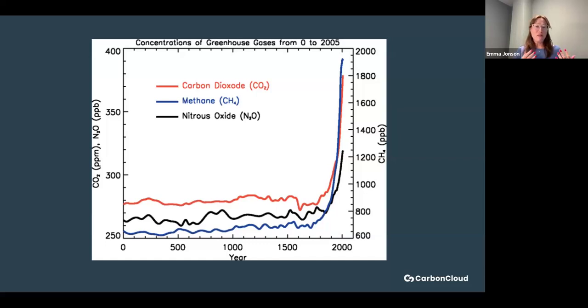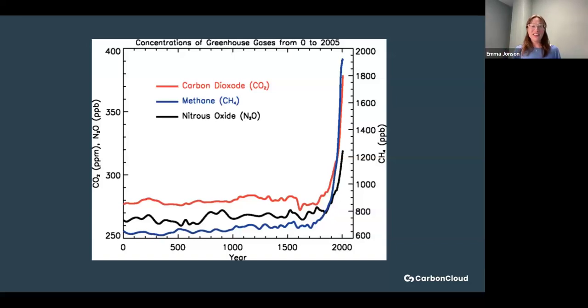Then we have methane and nitrous oxide. Methane, a lot of it comes from the digestive tracts of ruminants, so the production of livestock. There are also some industrial sources relating to fuel production and other industries. And nitrous oxide is also very much related to agriculture, as well as different types of high temperature combustion processes.